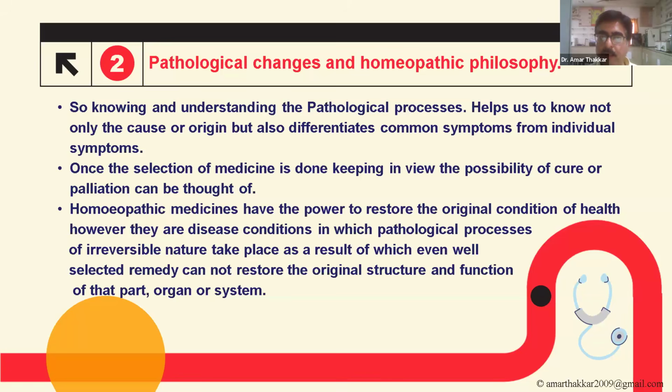So, pathological changes can help you to determine ultimately whether you will be able to restore this patient's condition of health or not, or you will need palliation. It also will determine whether the original structure and function of that part, organ, or system can be restored, will be restored, or not.